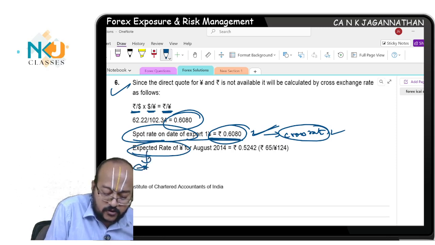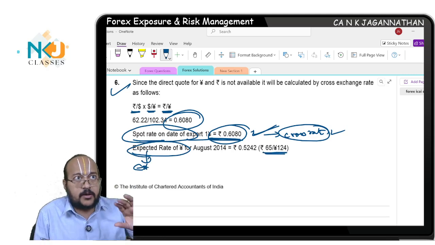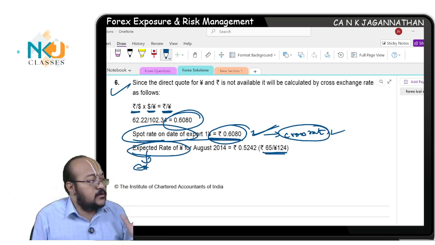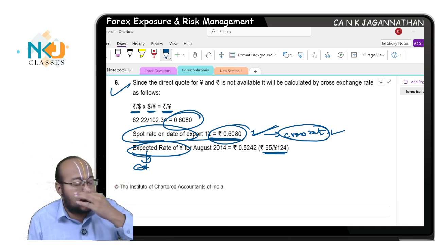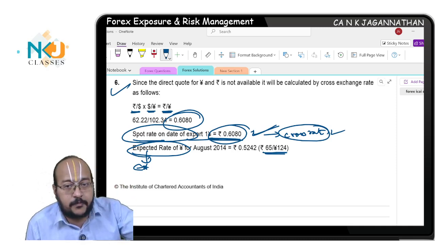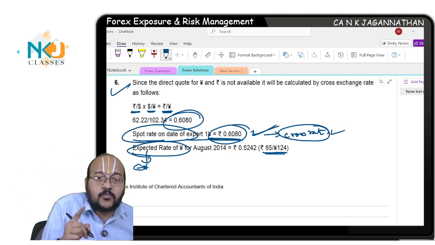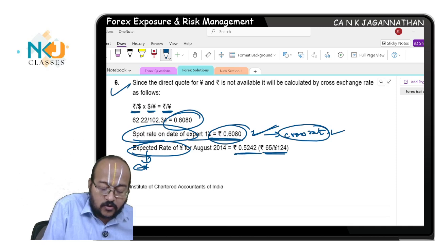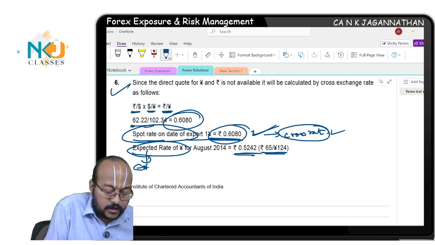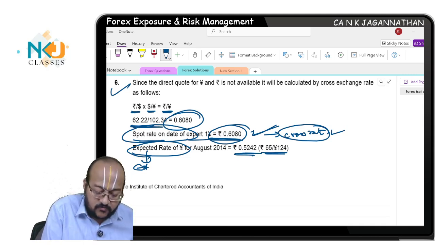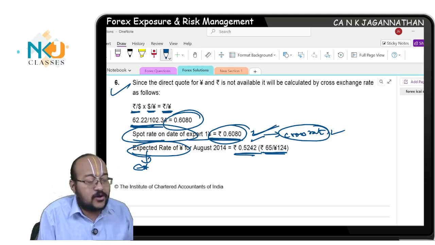They told us the yen will depreciate to the 124 level and the dollar will appreciate, which means the Indian rupee will depreciate with respect to the dollar, and 62.22 will become 65 per dollar. You apply that 65 by 124. Simply, as you did here 62.22 divided by 102.34, same way here also you do and get the cross rate converted.